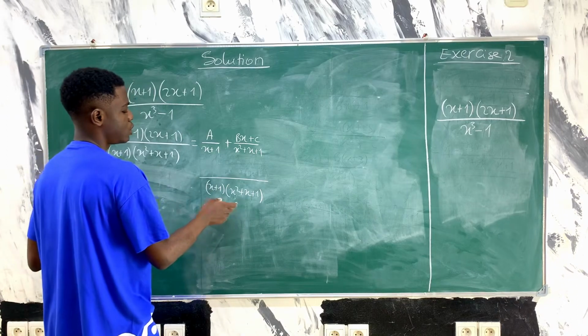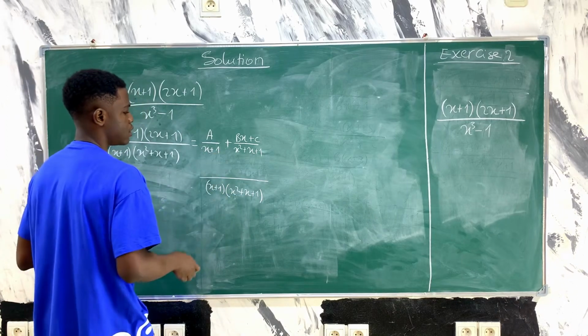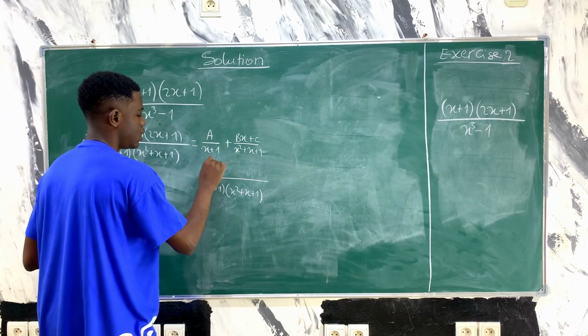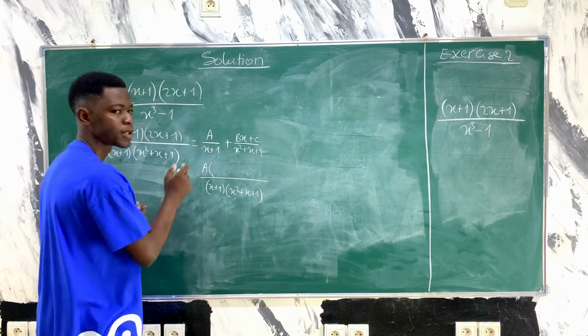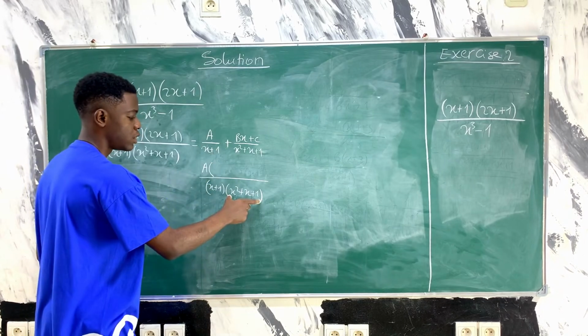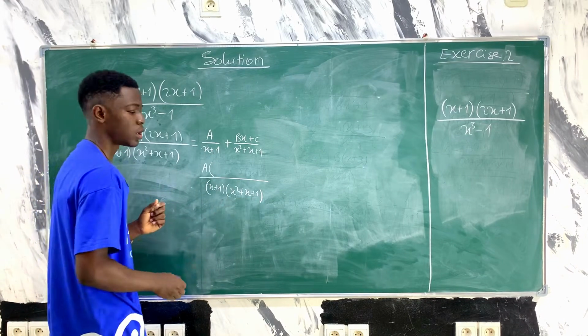When you have this, you multiply A into this divided like this. The x plus 1 cancels x plus 1, and we are left with x squared plus x plus 1.